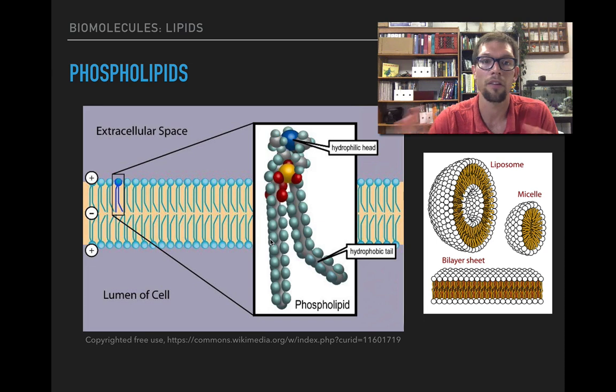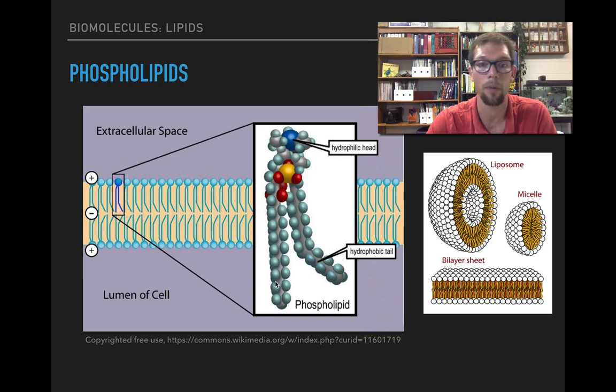Finally, let's look at how the phospholipids come together to actually form cell membranes. If we look at a phospholipid, notice that you have the phosphate over here that makes it hydrophilic, water-loving, and you have the nonpolar tails, which are hydrophobic.